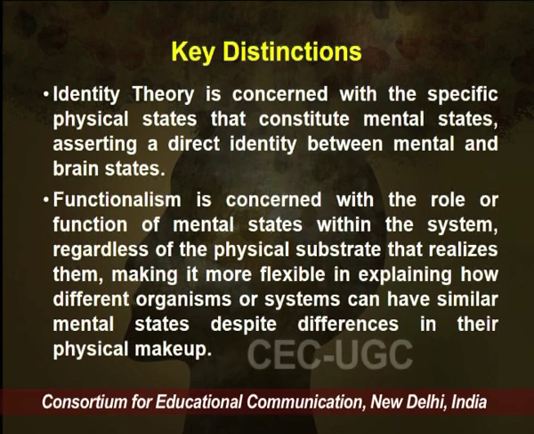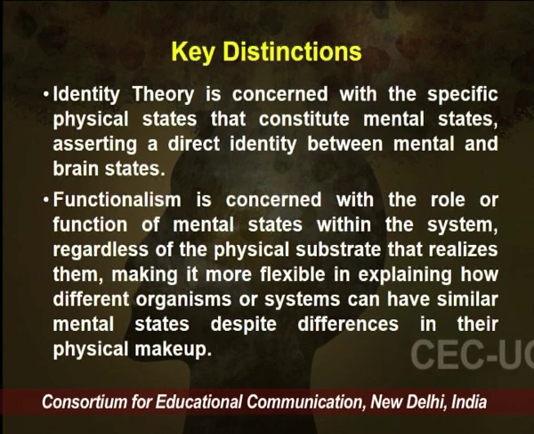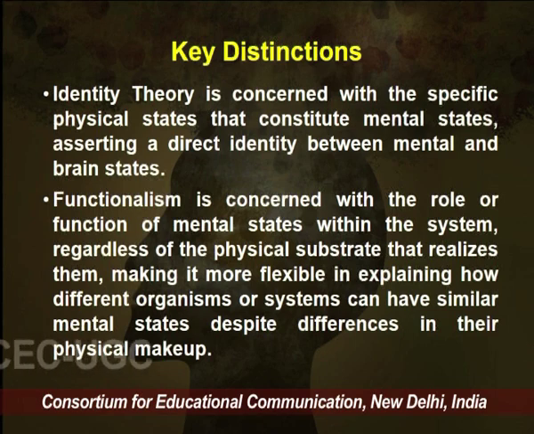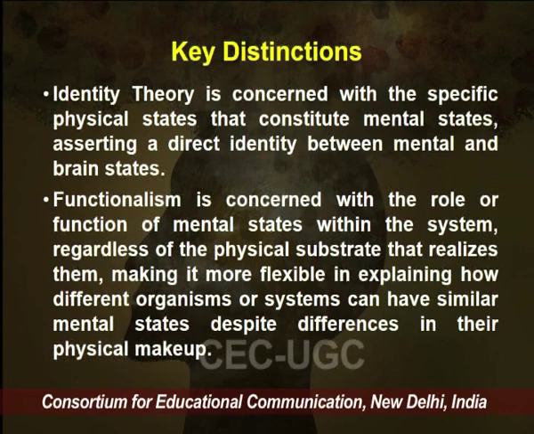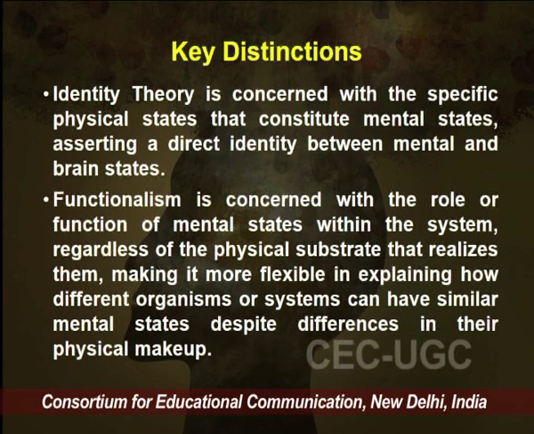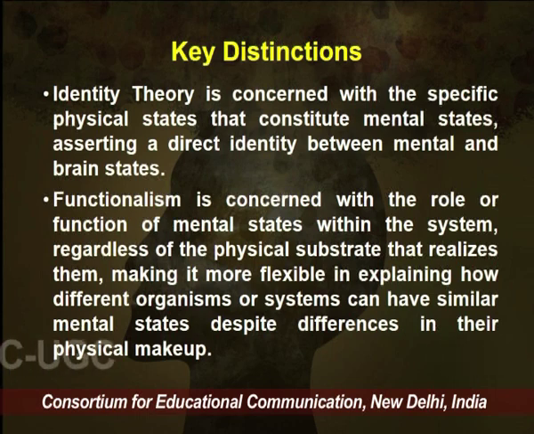Functionalism, on the other hand, is concerned with the role or function of mental states within the system, regardless of the physical substrate that realizes them, making it more flexible in explaining how different organizations or systems can have similar mental states despite differences in their physical makeup.